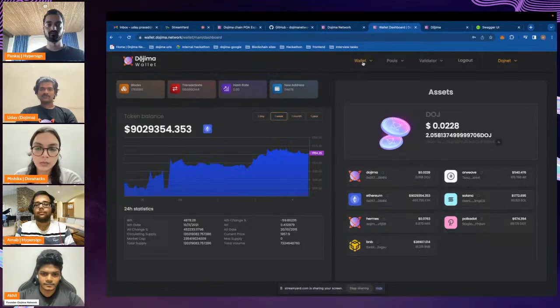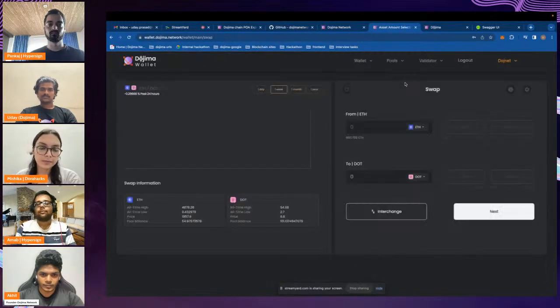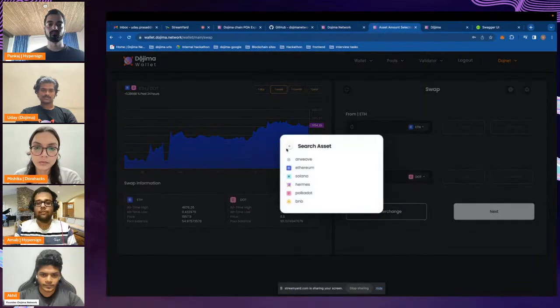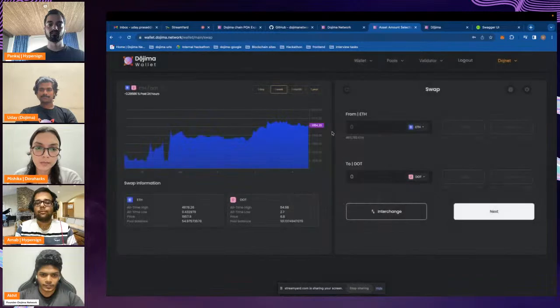We also have different functionalities like a faucet. As of now, we are providing only testnet tokens in the faucet, so there is limited availability of the tokens. We also have a swap and liquidity functionality, where users can swap their tokens with the supported tokens in our Dojima network.